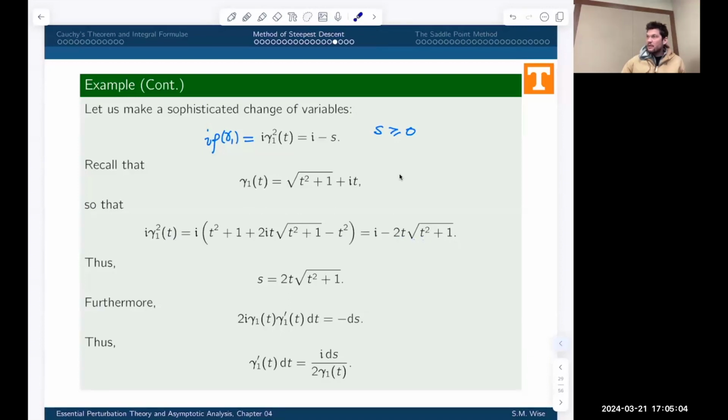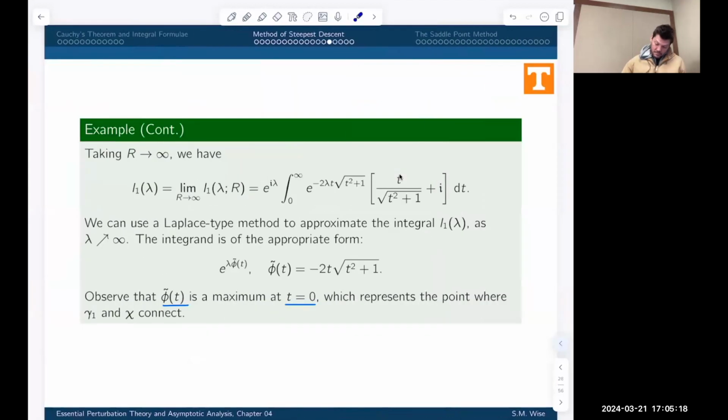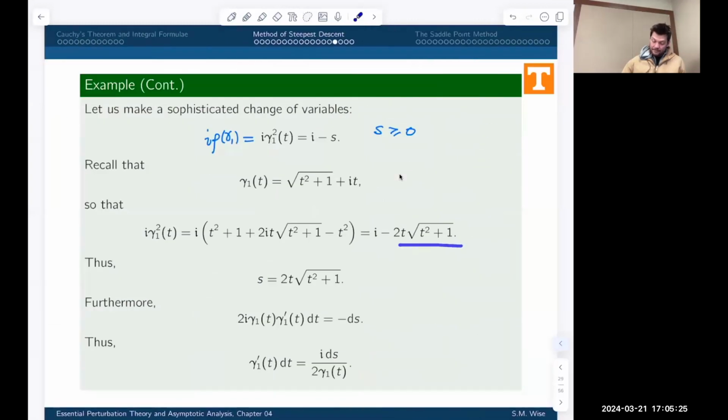This is actually what we expected, because this is going to be the imaginary part where psi is equal to 1, and this is just the real part of rho, and we know that that came out to be minus 2t square root t squared plus 1. So really what we're saying is we're setting s to be equal to this.